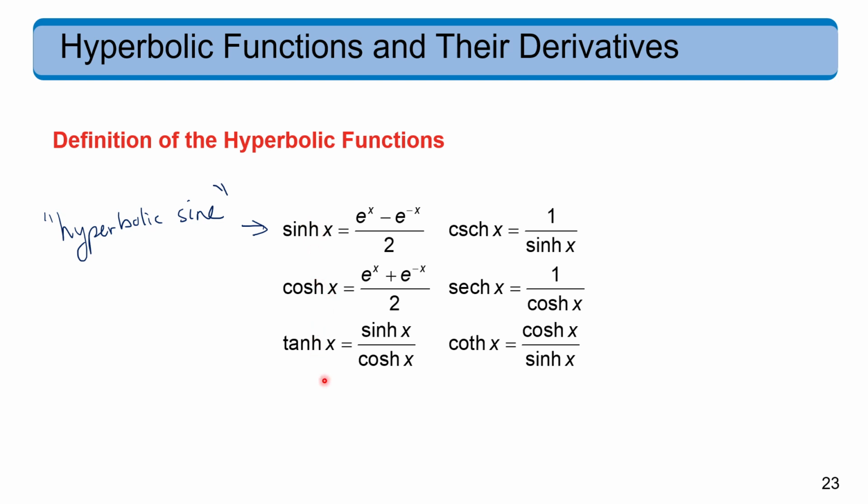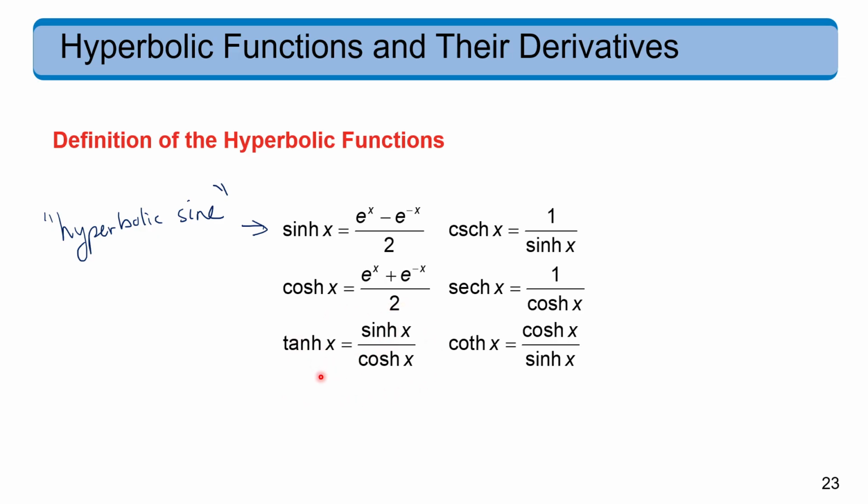And their definitions follow the familiar identities that we know from trigonometry, right? For example, we know in trig that plain tangent is equal to sine over cosine. Here, the same relationship holds, but they're all hyperbolic, right?